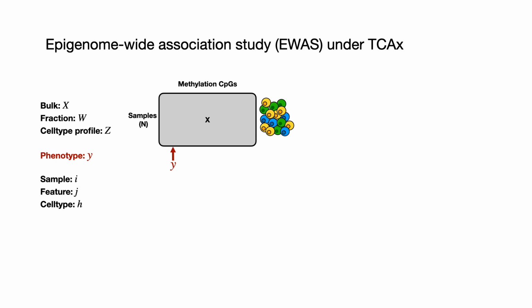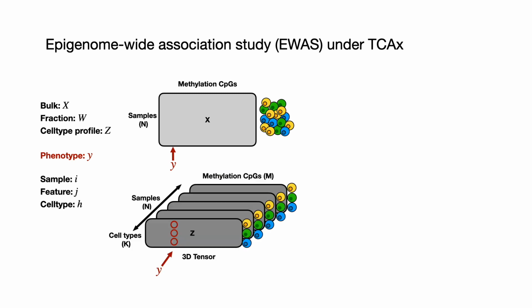Traditional EWAS has been carried out under heterogeneous bulk profile, and now with the deconvolution method, we're asking a higher resolution question. We want more than just the CpGs that are associated with the phenotype of interest. We also want to pinpoint which cell type it is associated with.